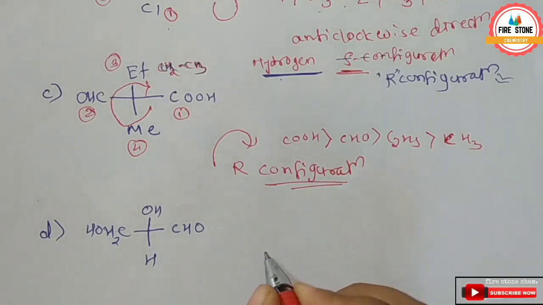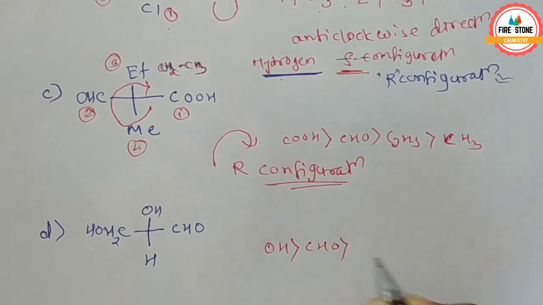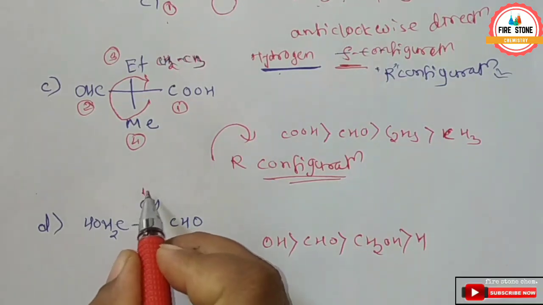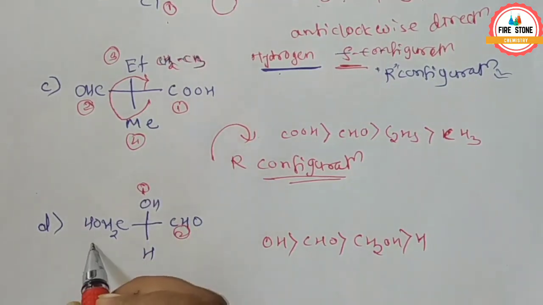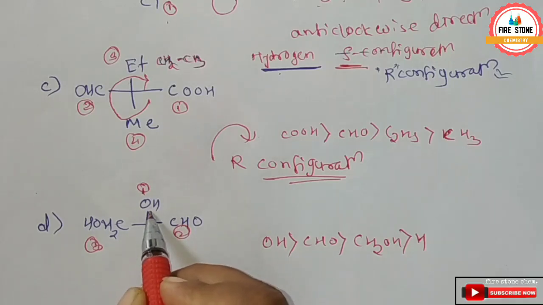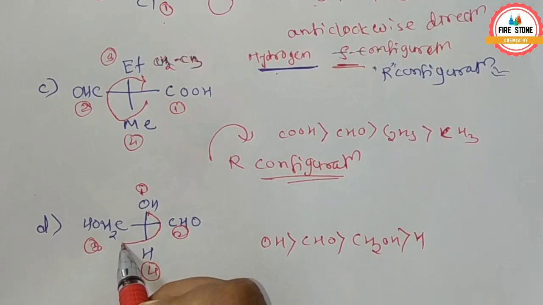Again here OH first priority, then CHO, then CH2OH, then H. So first, second, third and fourth. Here again 1, 2, 3 and 4.